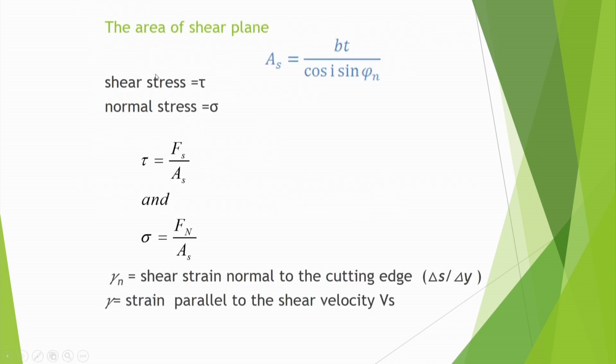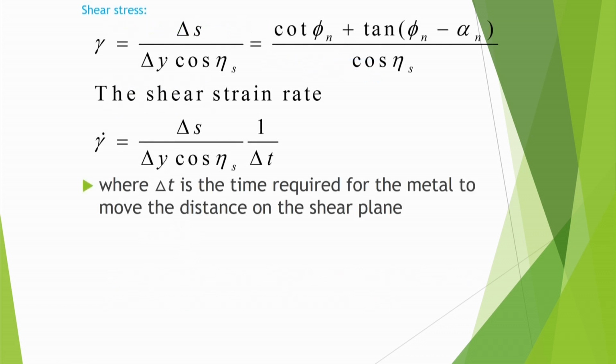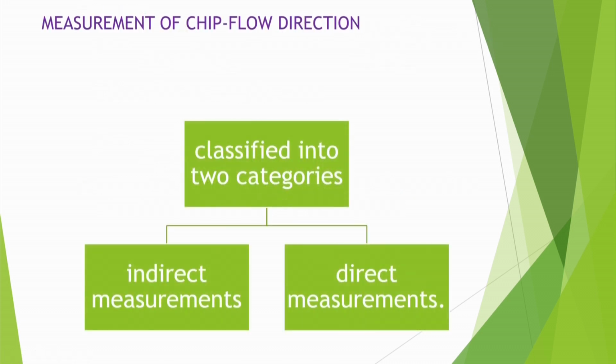Gamma is the strain parallel to the shear velocity, and that is (cot phi n plus tan(phi n minus alpha n)) divided by cos eta S. The shear strain rate can then be found as gamma dot equal to delta S divided by delta Y cos eta S, times 1 by delta T, where delta T is the time required for the metal to move the distance on the shear plane.